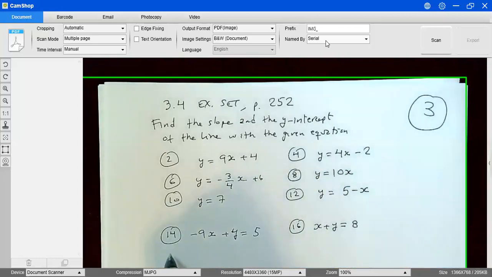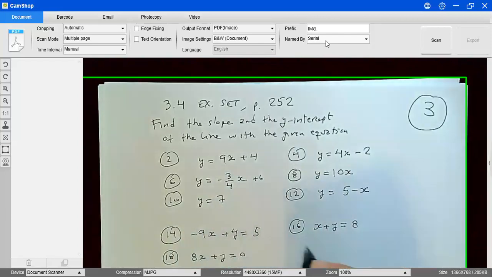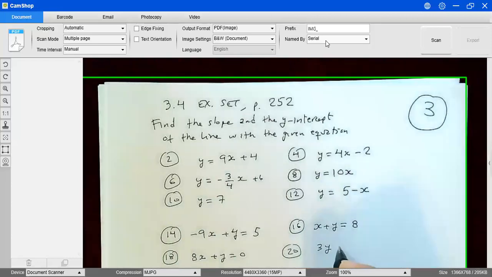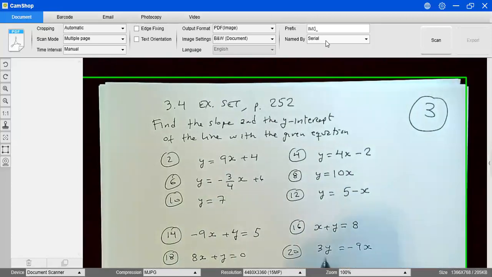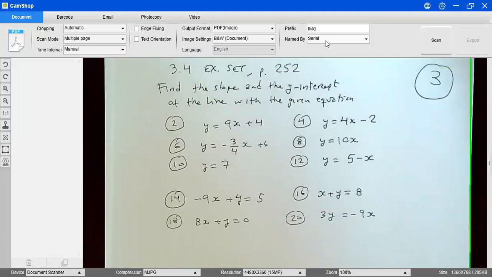Then you have 18, ax plus y equals 0. Number 20, 3y equals negative 9x. You only need to divide by 3 here and you get the slope-intercept form. 22 is going to be 2x plus 9y equals 0.